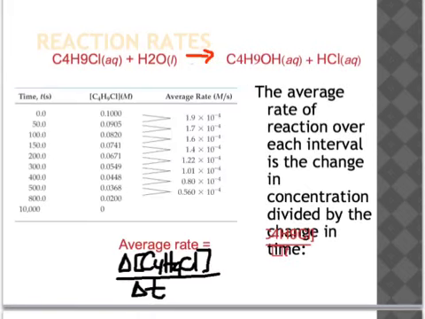We can look at the average rate of a reaction by looking at data obtained in a reaction and considering the change in concentration. For example, between time 0 and 50 seconds, if we look at the change in concentration divided by the change in time, that'll give us the average rate for the reaction over that interval.